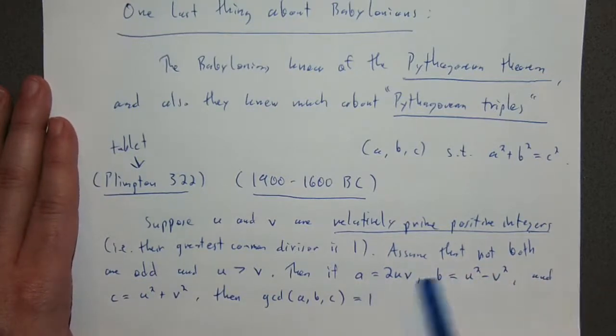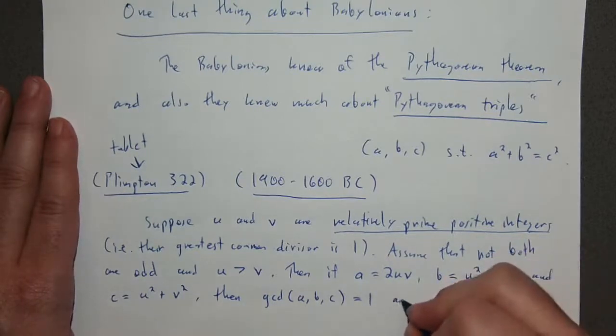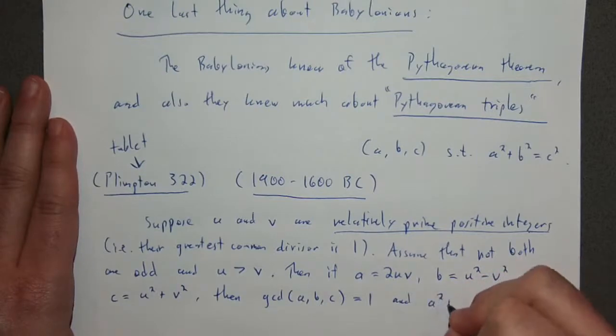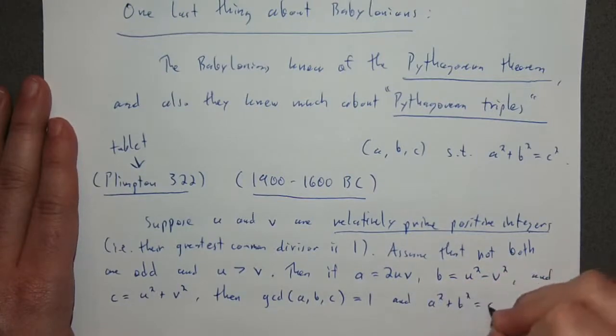So A, B, and C defined in this way have greatest common divisor 1, and A squared plus B squared is equal to C squared.